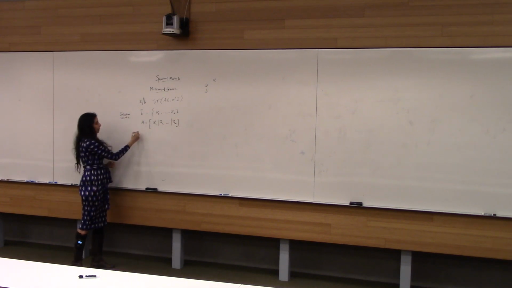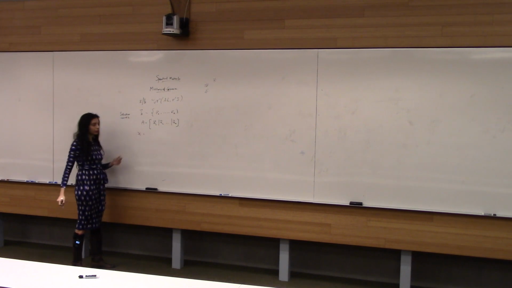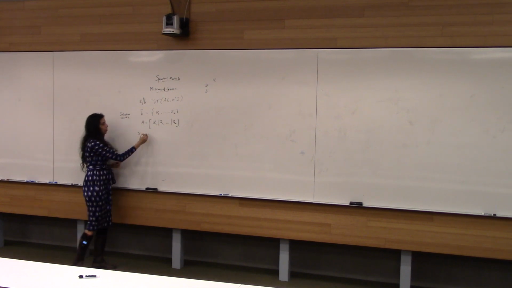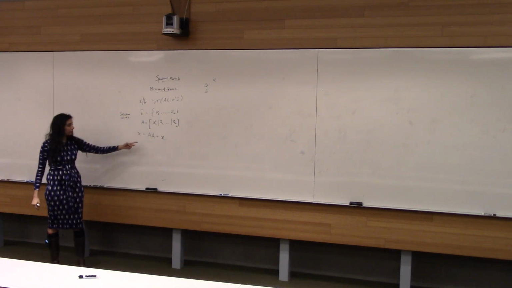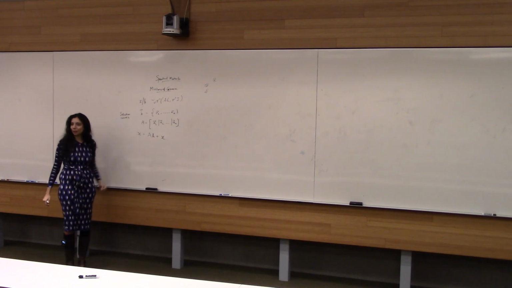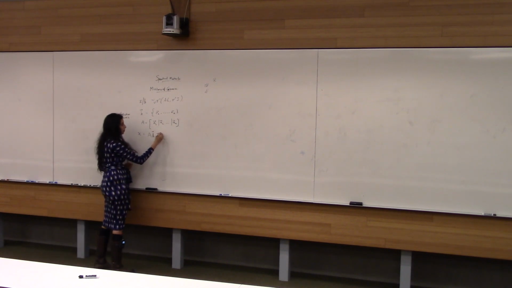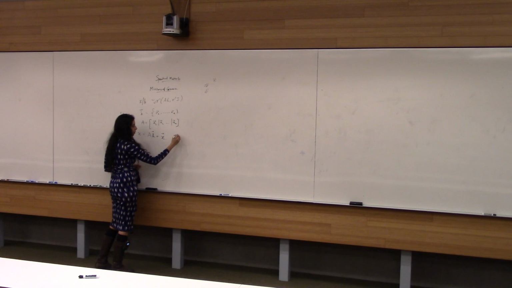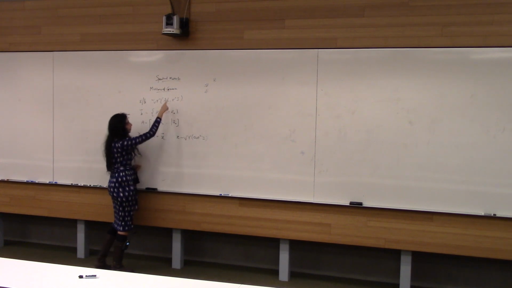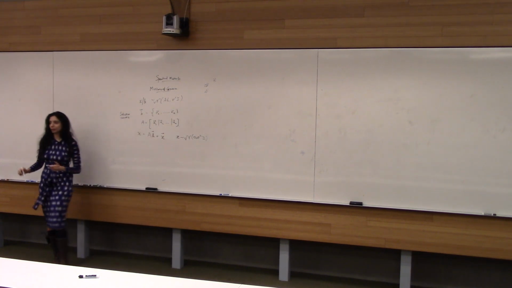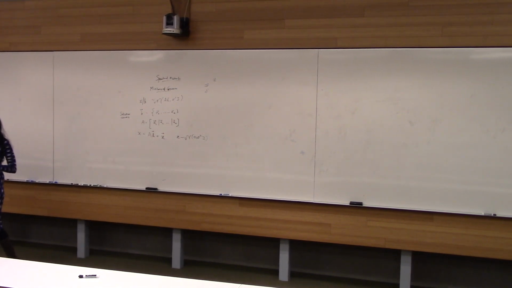So I could write my sample, my random variable from the Gaussian mixture, as this combination. Any questions here?